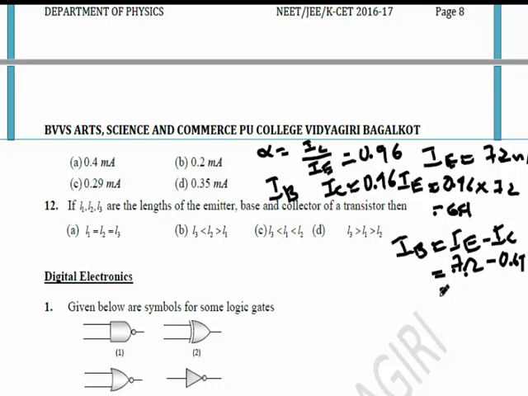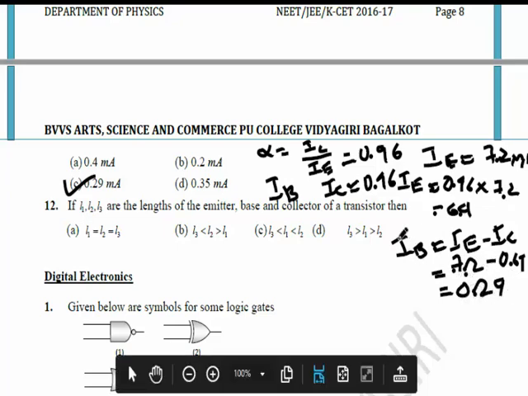So 7.2 minus 0.69 will be nearly around 0.29. How did it come? Alpha equals IC by IE, 0.96 is given. IE is 7.2 milliampere, that is also given. So IC equals 0.96 into 7.2, which is 6.9. Subtracting gives nearly 0.29. So 0.29 is the correct option.